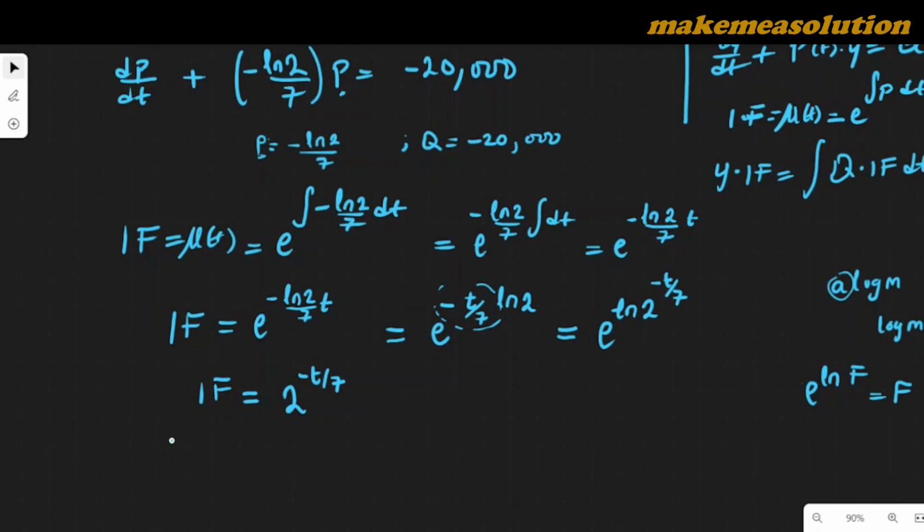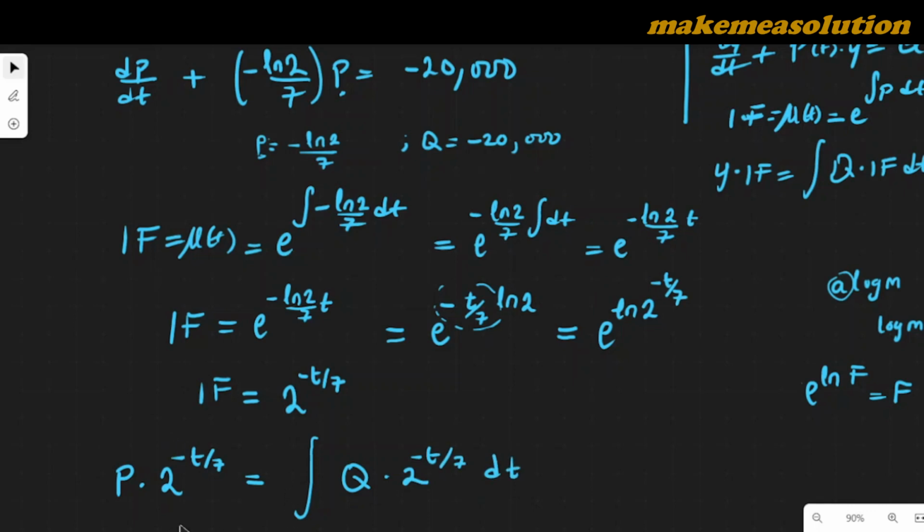So having established our integration factor, we're now going to say P times the integration factor, 2 raised to the power of minus t/7, is equal to the integral of q times the integration factor, which is 2 raised to the power of minus t/7, dt.